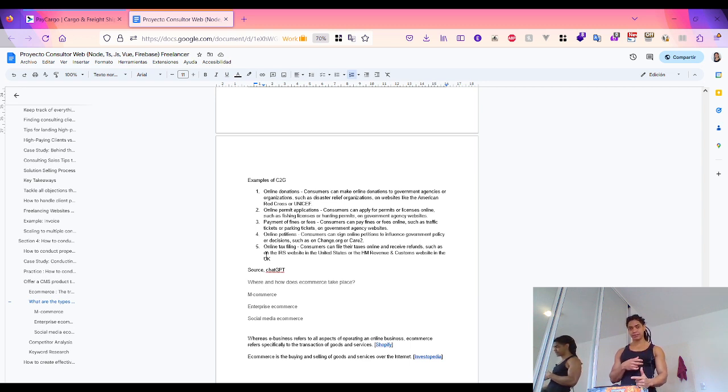Online permits and licensing, such as fishing licensing and hunting permits. So citizens can apply on government websites.